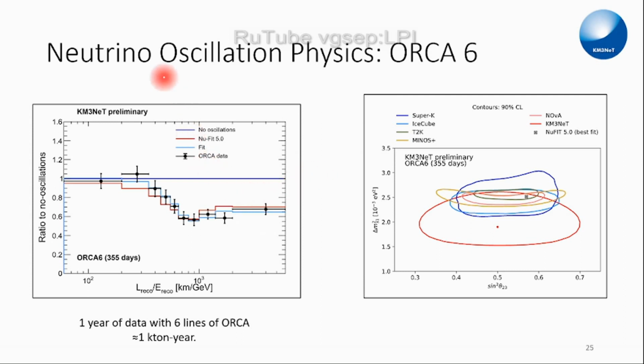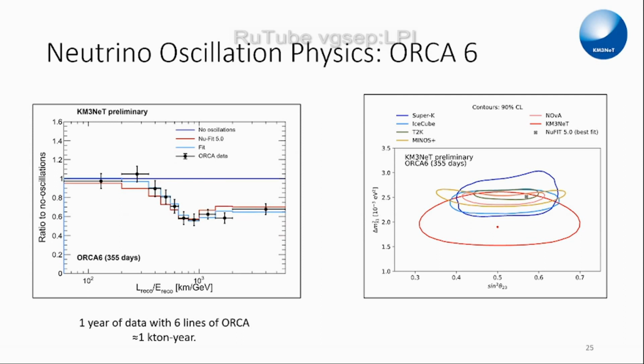So this is the ratio to the no oscillation hypothesis, and this is L over E, the length traveled by the neutrino over the energy which you reconstruct. Blue is no oscillations, black is the data, and then we have the prediction from the world best fit parameters, NuFIT 5, and the actual fit we do in light blue.